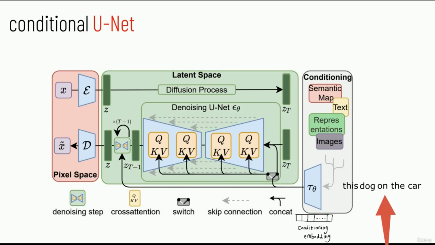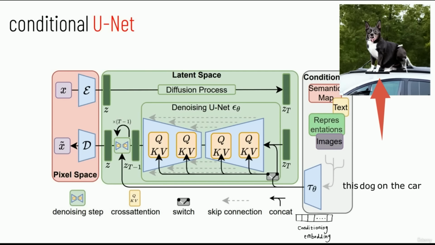Now we will convert this text into text embedding, and we will fuse this embedding with our U network. Now we will do reverse diffusion to create an image based on this text. Let's say that our stable diffusion model generated this image, a dog on the car image.